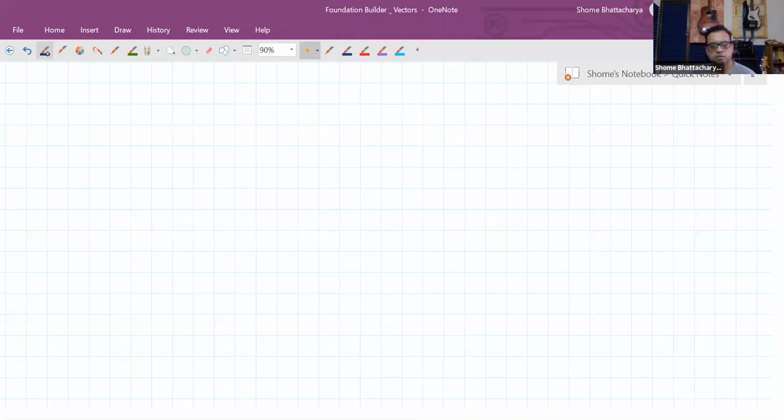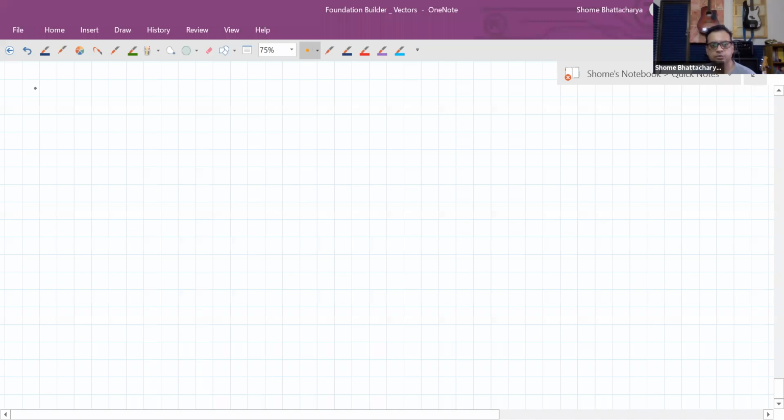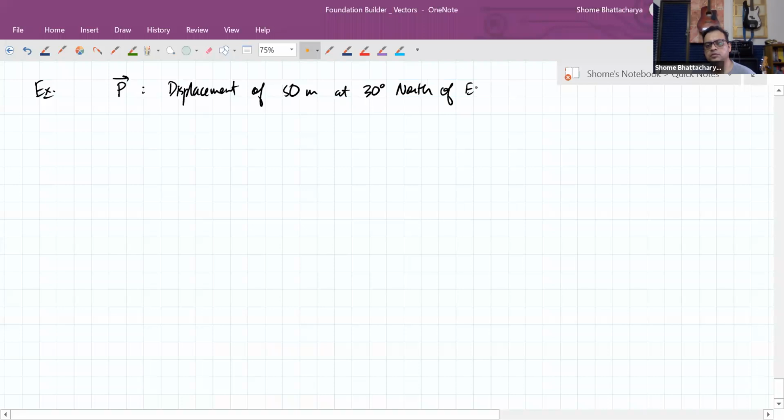So let's do a quick example of this construction of the parallelogram, and then we'll get back to more analysis on it. So let us say P is a displacement of 50 meters at 30 degrees north of east.